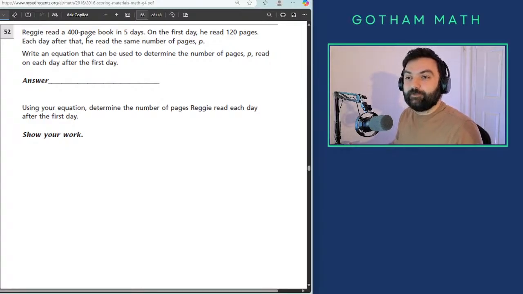Okay, so let's see what we're having. He read a 400-page book in 5 days. On the first day, he read 120 pages. Each day after, same. All right, so it's going to be 400 minus 120.